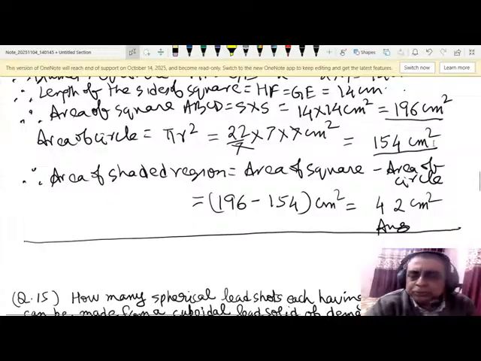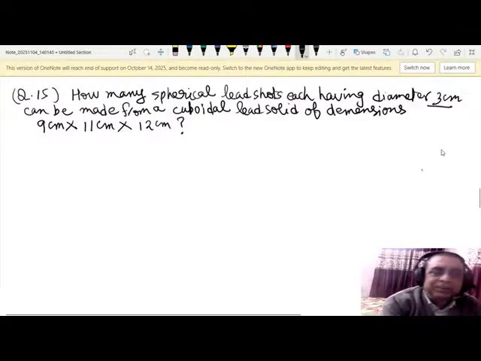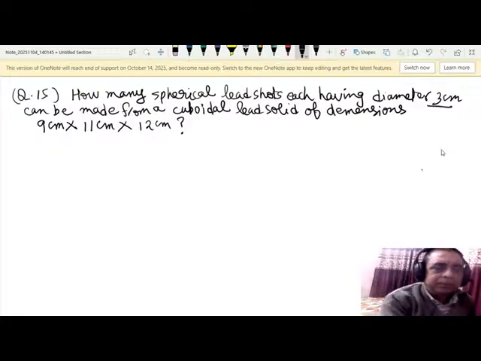Now we will go to the next question, number 15. Here it is asking how many spherical lead shots, each having a diameter of 3 centimeter, can be made from a cuboidal lead solid of dimensions 9 centimeter times 11 centimeter times 12 centimeter. So, how will we do it?